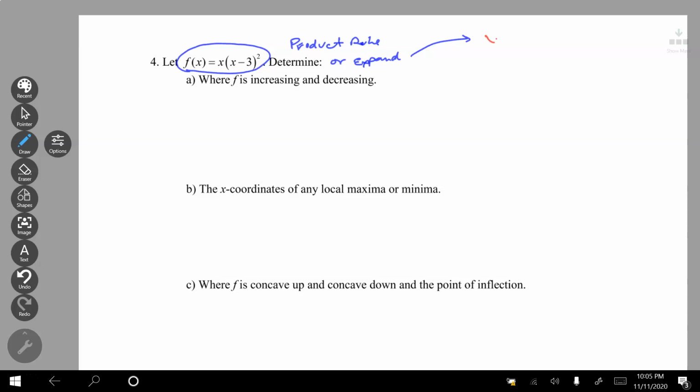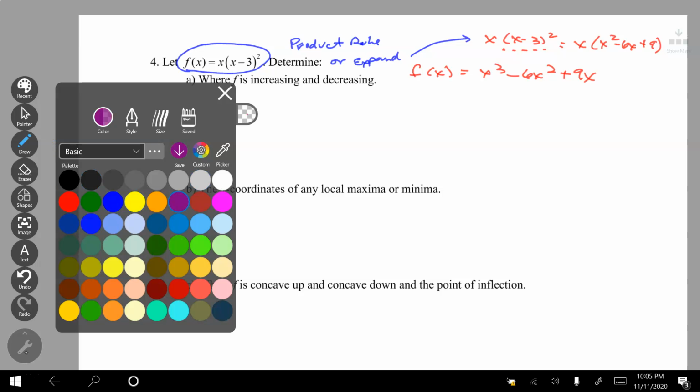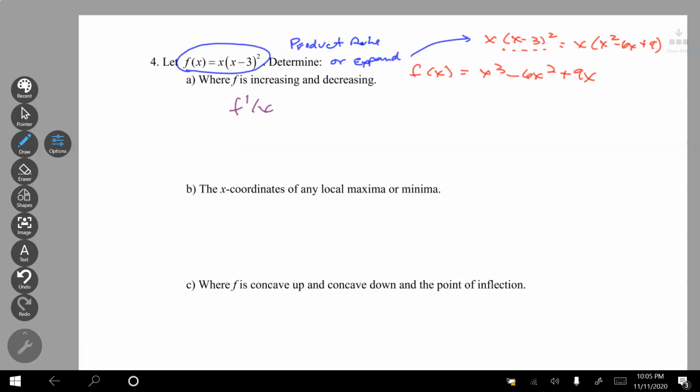So I have x times (x minus 3) squared. I'll do the (x minus 3) squared first, which is x times (x squared minus 6x plus 9). So my function is x cubed minus 6x squared plus 9x. That is my function. So now I can take its derivative, because that's what I really want to do. f prime of x is equal to 3x squared minus 12x plus 9.